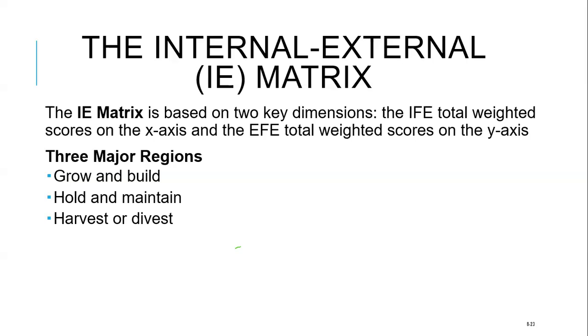For that reason, the internal external matrix is an analytical tool which evaluates the entire business environment to utilize the totality or the holistic information that will be derived to select an appropriate strategy for an organization.